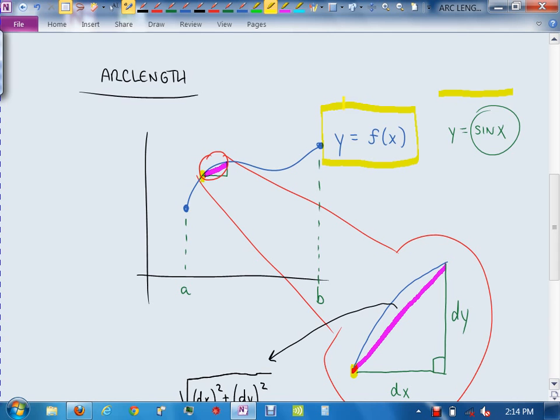If y is dependent on x, what's the derivative of x with respect to x? If you're treating x like your variable, what's the derivative of x with respect to x? 1, right?